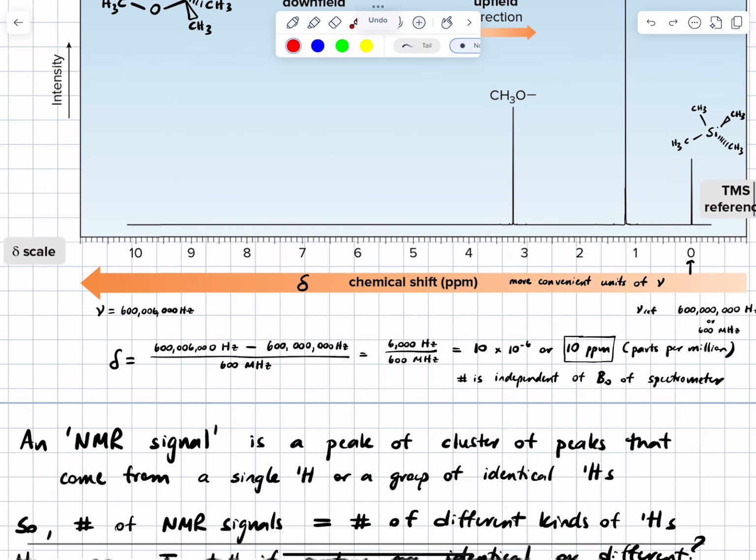And then you can call this frequency 600,006,000 hertz, just 10 ppm.